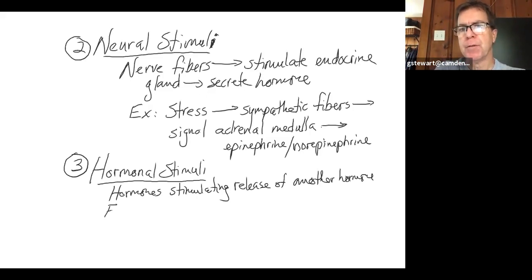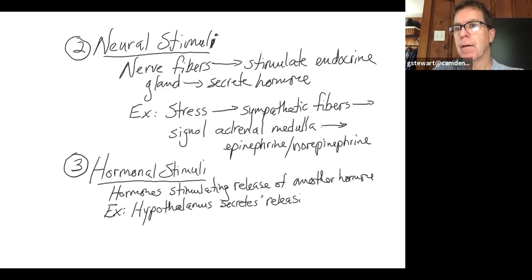Classic examples. The hypothalamus secretes those releasing and inhibiting hormones onto the pituitary gland.